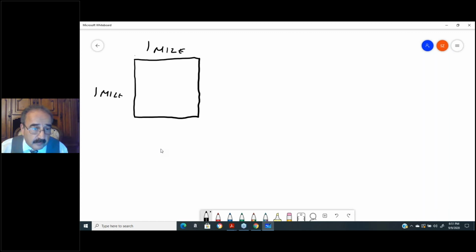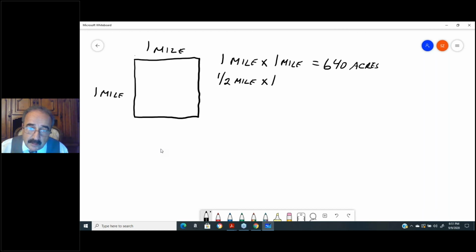So, my question to you, if 1 mile by 1 mile equals 640 acres, then the question to you, a half a mile by a half a mile equals how many acres? Why don't all of you answer this question?